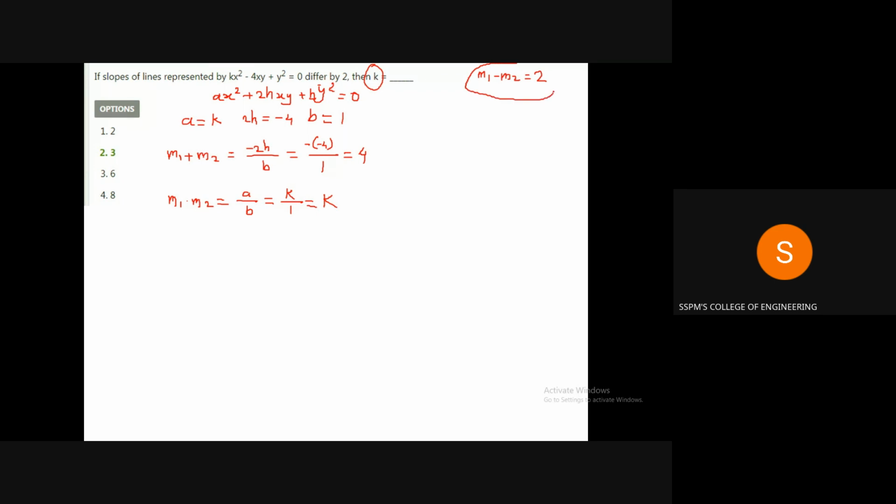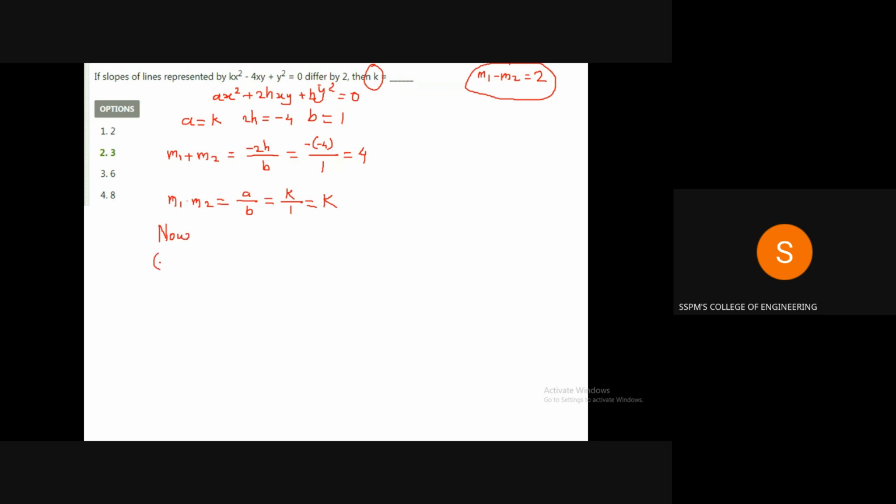We also know what is m1 minus m2, it is given in the example. What is given? The slopes differ by 2, that is m1 minus m2 is equal to 2. So what is the relation that we used in previous example?